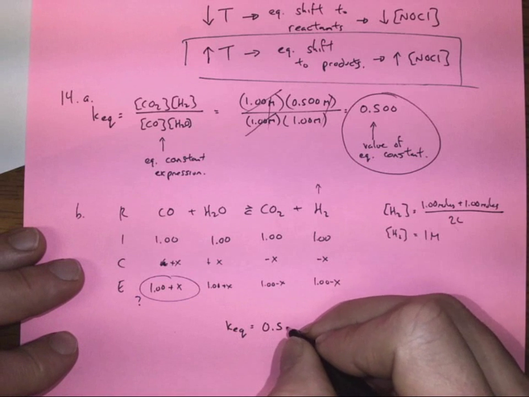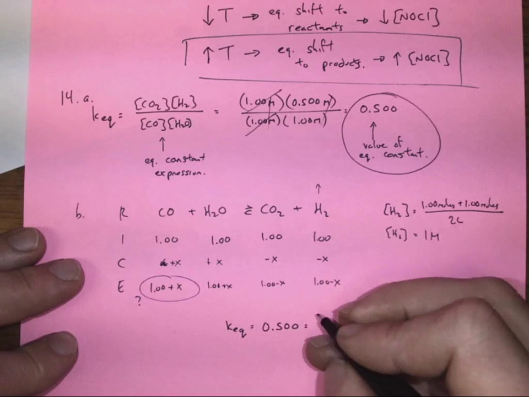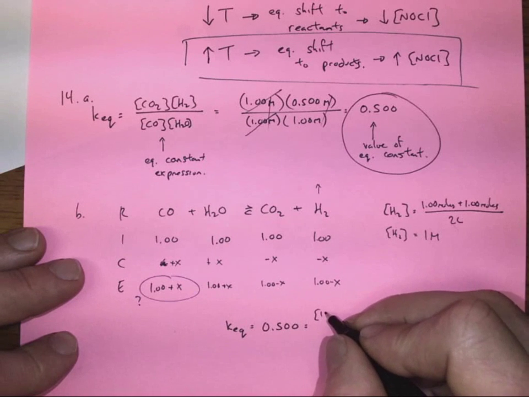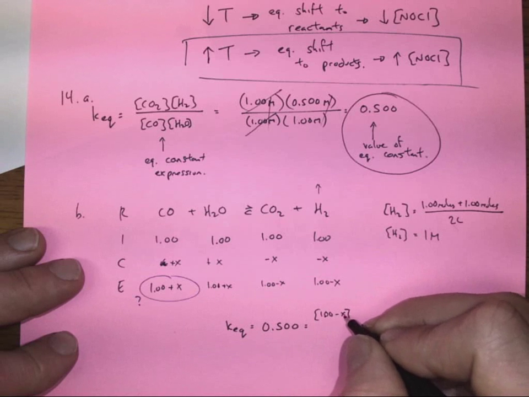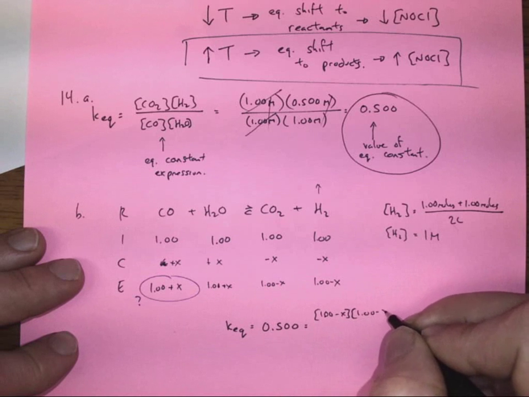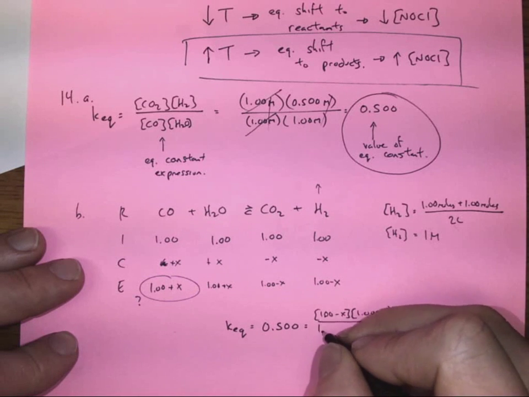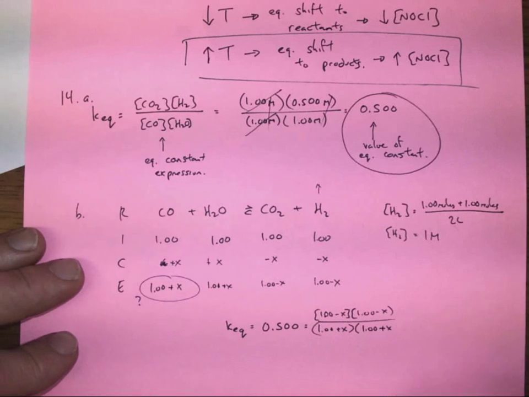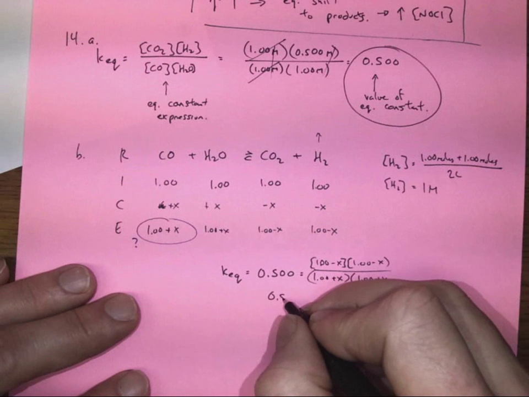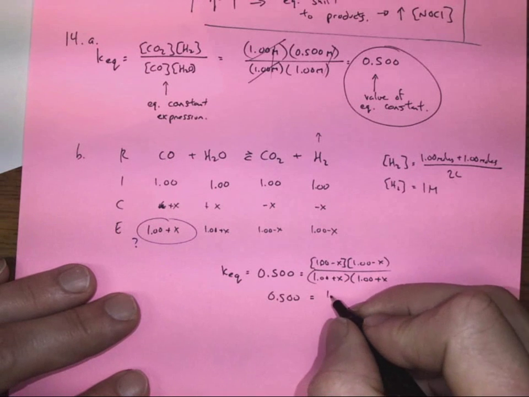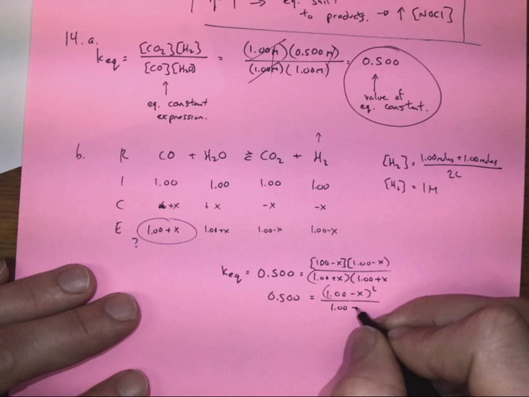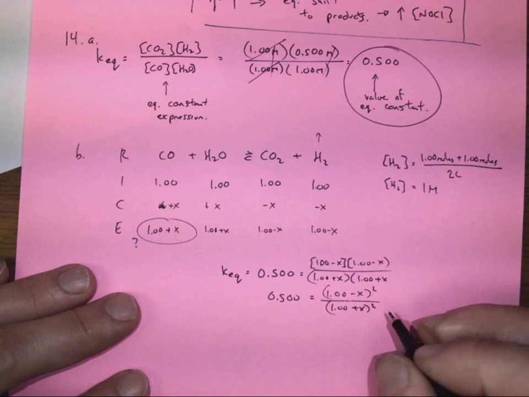So that's equal to 0.500, and that's going to be equal to the concentration of our new equilibrium, products over reactants, 1.00 minus x, 1.00 minus x, over 1.00 plus x, 1.00 plus x, which is another way of saying 0.500 is equal to 1.00 minus x squared over 1.00 plus x squared.